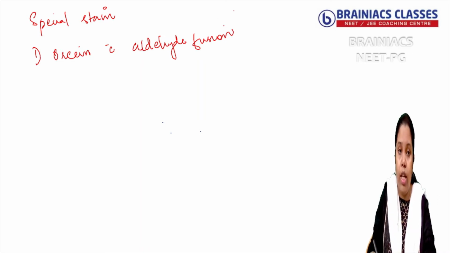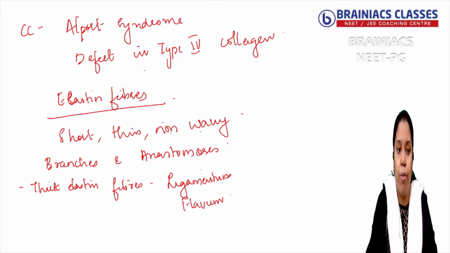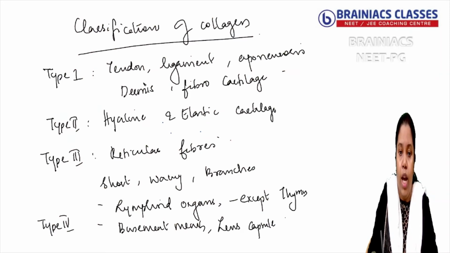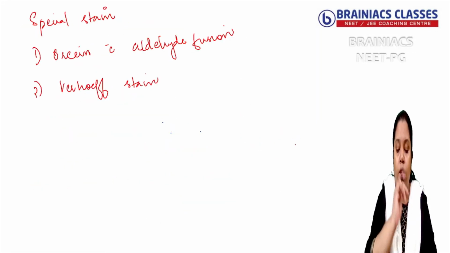Then you have the Verhoeff stain. One thing I forgot to tell you is about the reticular fibers: they stain black with silver impregnation.